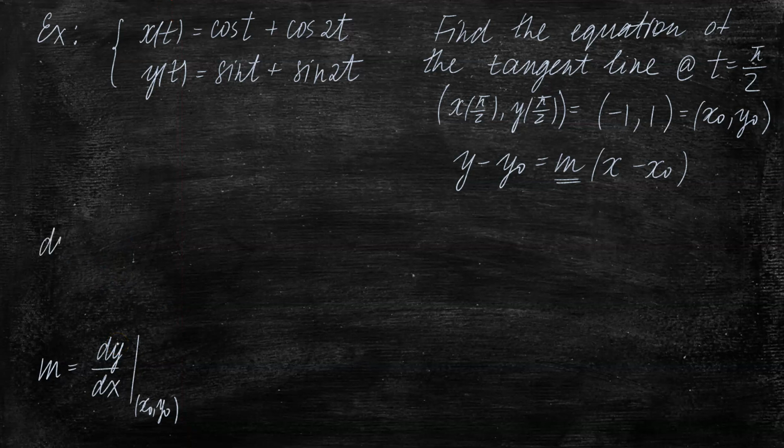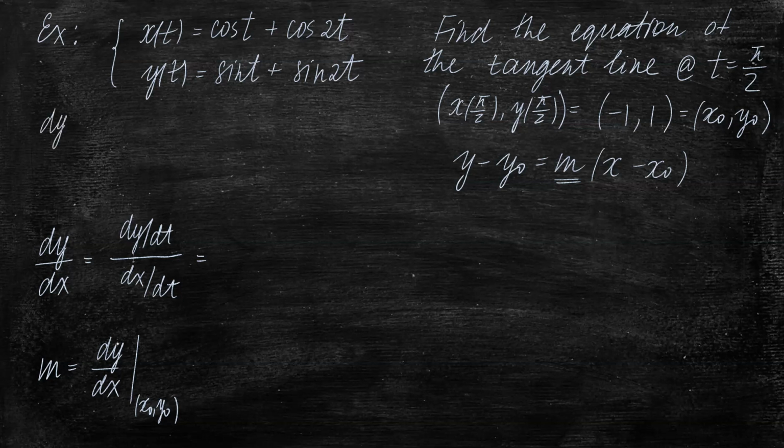So now, in order for us to evaluate the derivative at that point, we have to find the derivative. And to find the derivative, we're going to have to use this formula. And in order for us to use this formula, we're going to differentiate the y function and x function with respect to t separately.